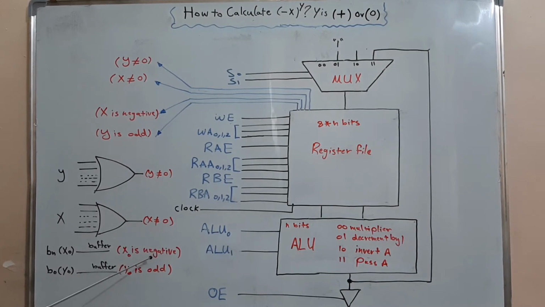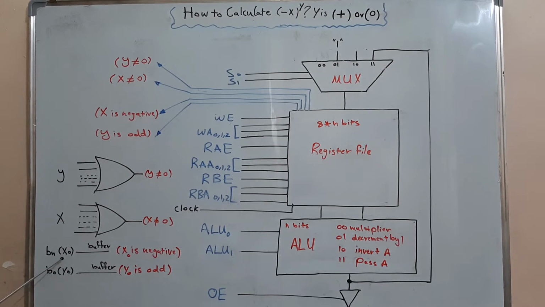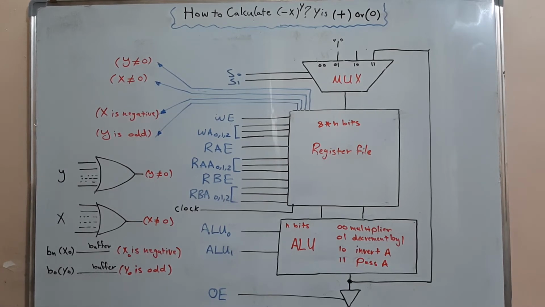XO is negative will be tested by putting a buffer circuit in the location of the most significant bit of x. And when the most significant bit of x is 1, then x is negative, and vice versa. And finally, YO is odd by putting the same circuit in the location of the least significant bit of y, and when that bit is 1, then y is an odd number.